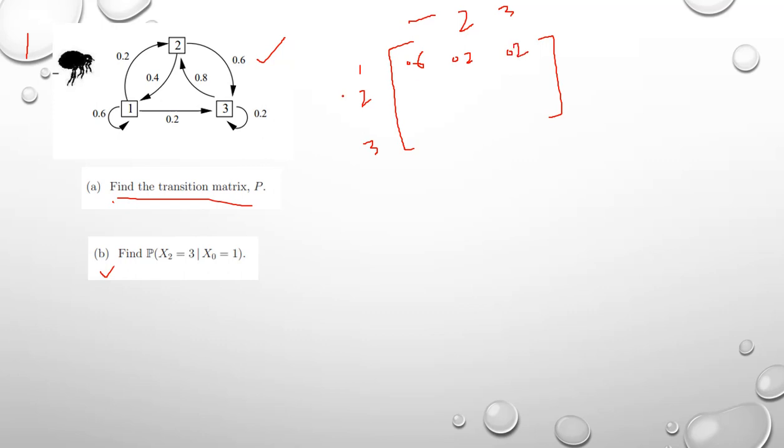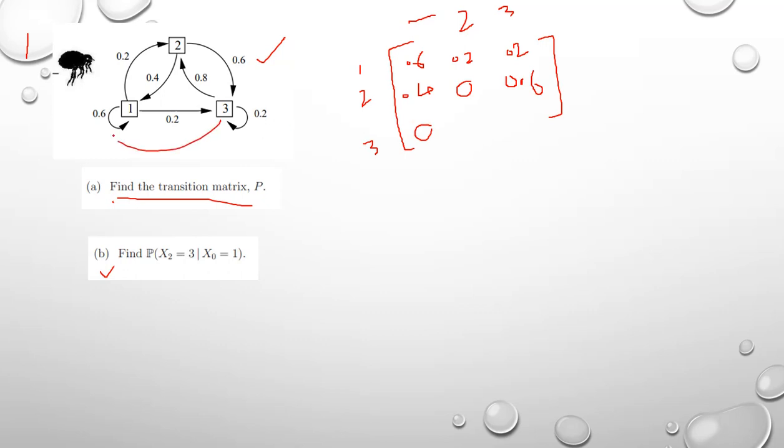Okay, now we can go to class 2. 2 to 1 is 0.4, 2 to 2 is 0, 2 to 3 is 0.6. Okay, then go to 3. 3 to 1 is 0.